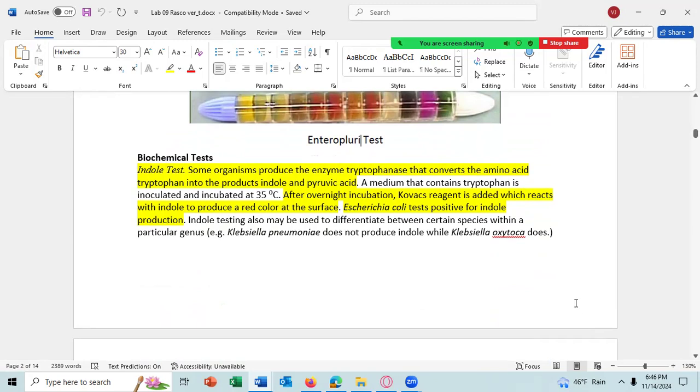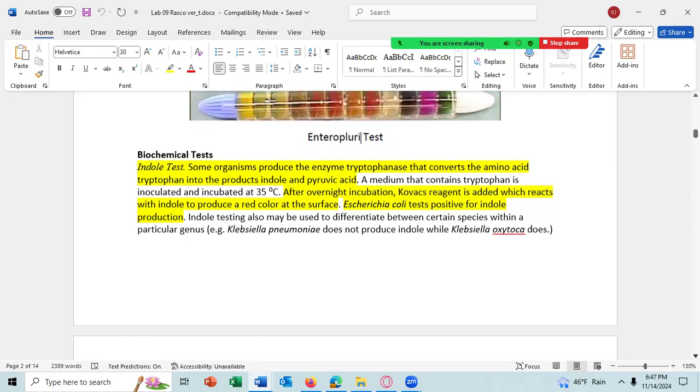Some organisms produce the enzyme tryptophanase that converts the amino acid tryptophan into the products indole and pyruvic acid. So you have overnight incubation, you add Kovacs reagent, which will react with indole to produce a red color at the surface. E. coli tests positive for indole production. Klebsiella pneumoniae does not.